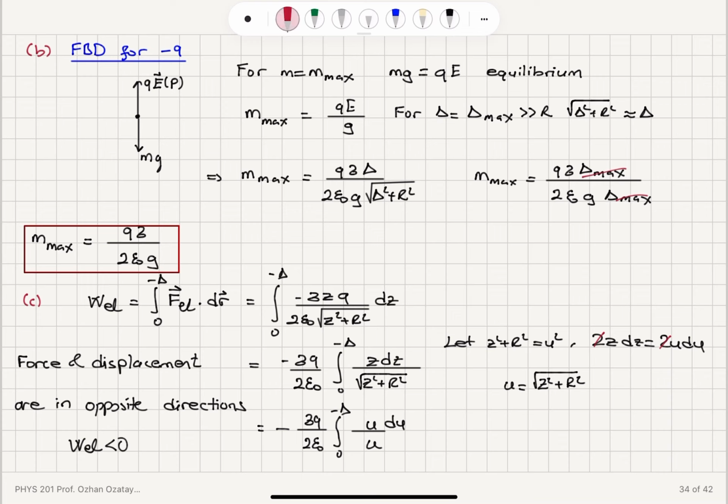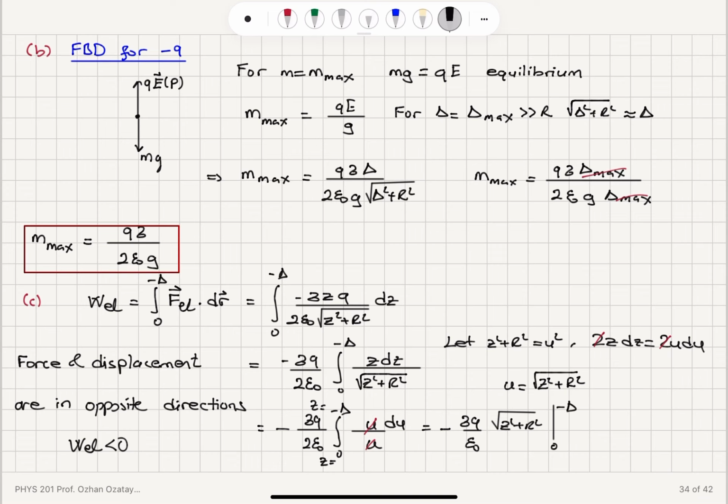So the u's cancel, and I'm left with the integral of du, which is just u: minus sigma q over 2 epsilon 0 times the square root of z squared plus r squared, evaluated between 0 and minus delta.